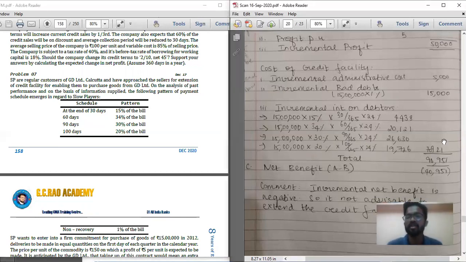So now total the cost of credit facility, that is 5,000 plus 15,000 plus 70,921, that is 90,951. What is this? 4,438 plus 20,121 plus 26,630 plus 19,726.